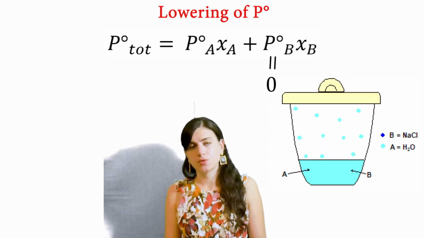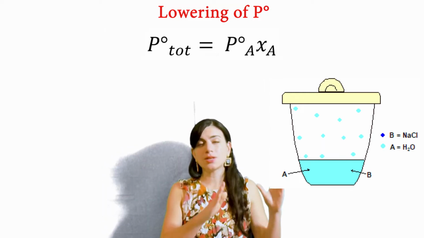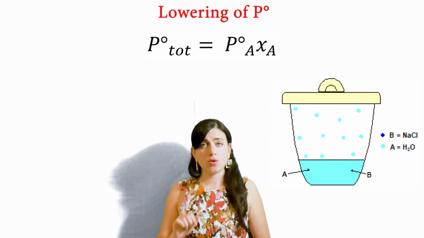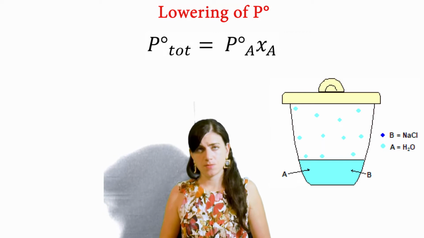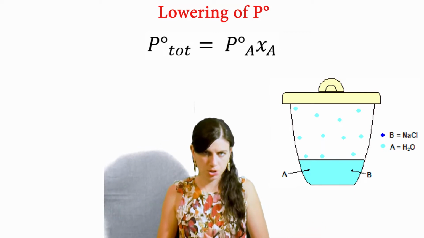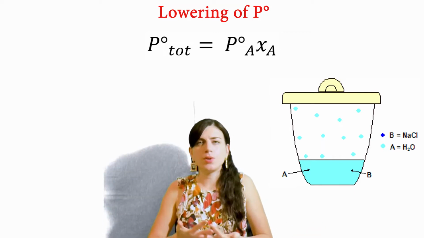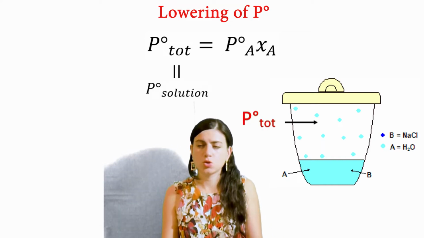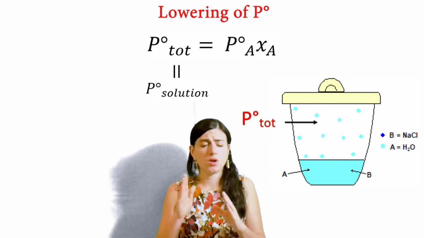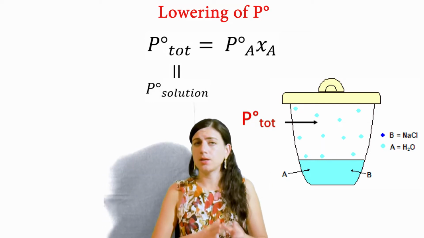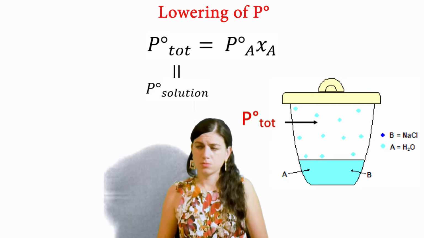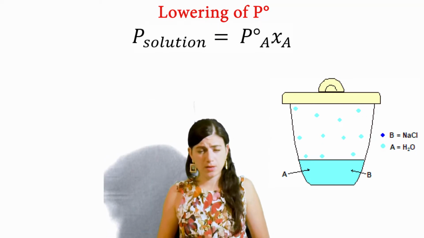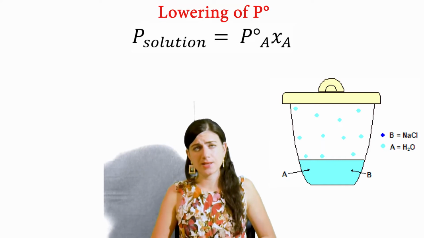So what do we have left? We have left that the total vapor pressure equals P0A times XA. Now, what is this total pressure? The total pressure will actually be the pressure of our solution. So instead of P total, we can write P solution. So P solution equals P0A times XA.